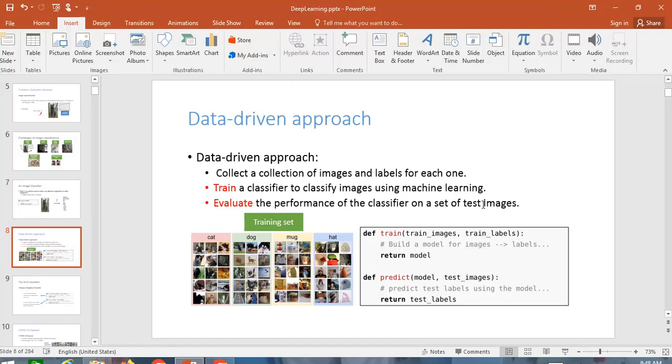Because you are somewhat familiar with machine learning, in supervised learning we specify the output for each input. That is, we say that this image belongs to the cat class, for example. Now we call a set of these a training set, which is a set of images and a set of labels corresponding to them.